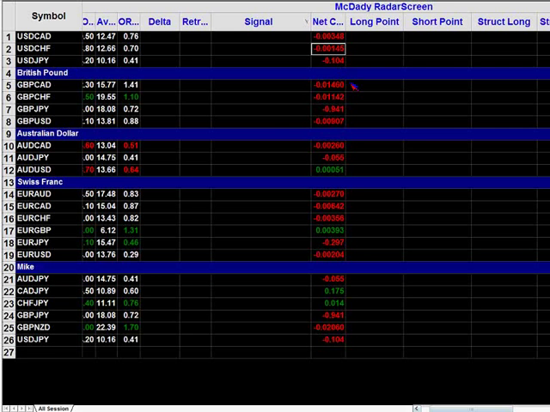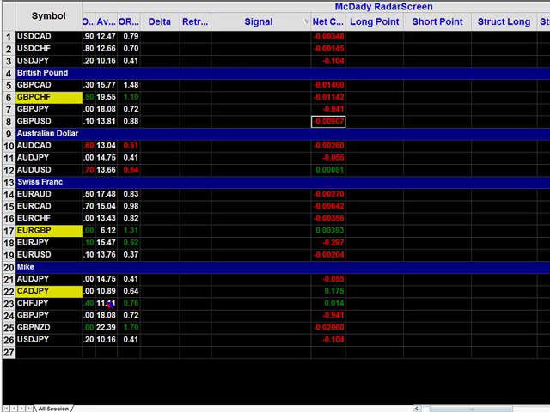The dollar yen has moved 10 pips. But the pound CAD has moved 146 pips. The pound yen has moved 114 pips. The pound Swiss is beginning to change. The pound dollar has moved 90. So you can see from the net change that the pound has been weak and it's moving extensively.